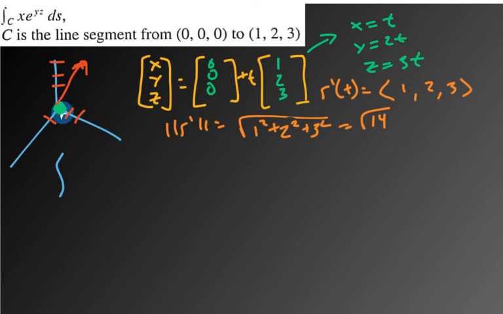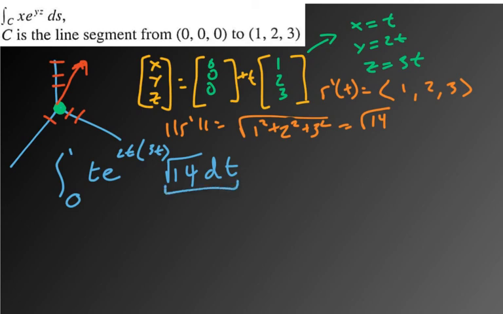At time 0, you're at 0, and if you want to be at 1, 2, 3, that would be t equals 1. So we're going from 0 to 1, and then we're integrating x, which is t, e to the y, which is 2t, z, which is 3t, and then square root of 14 is my magnitude, and then dt.